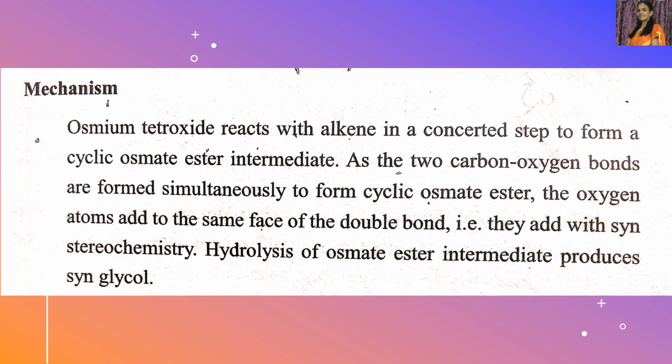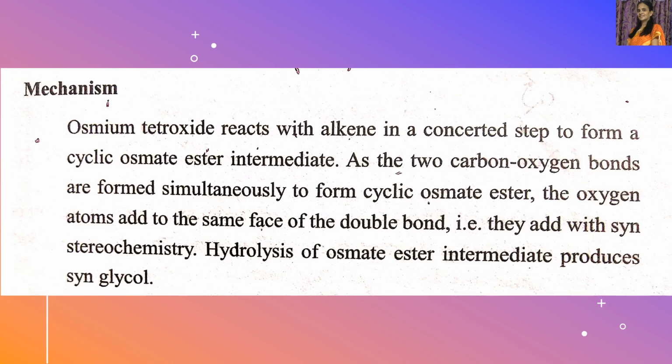As the two carbon-oxygen bonds are formed simultaneously to form the cyclic osmate ester, the oxygen atoms are added to the same face of the double bond. At the same time, the bonds are formed between the doubly bonded carbons and oxygens of osmium tetroxide.